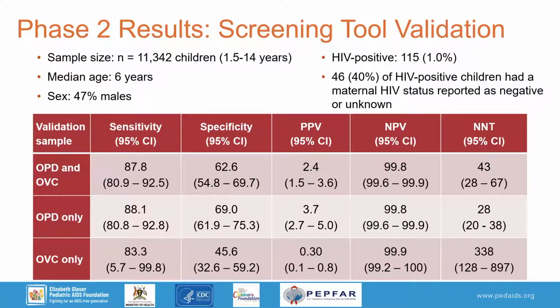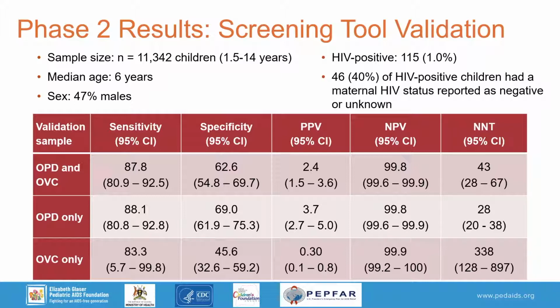The tool had an estimated sensitivity of almost 88% in the validation sample. Estimated specificity was 62.6%, consistent with the specificity observed in the developmental sample. The estimated number of children needed to test to get one HIV-positive child when using the tool was 43.